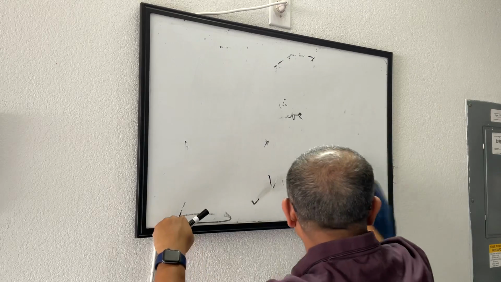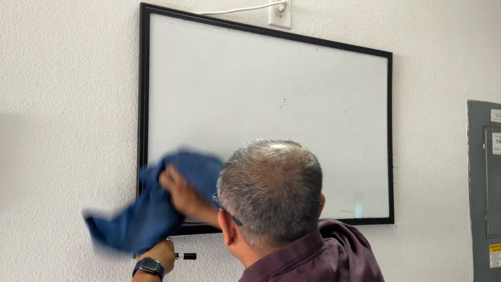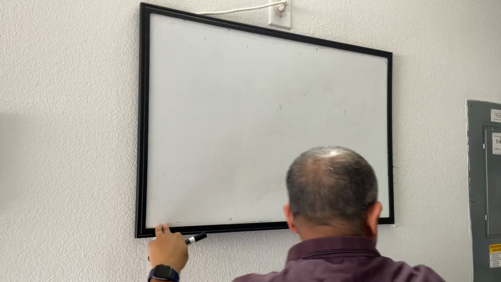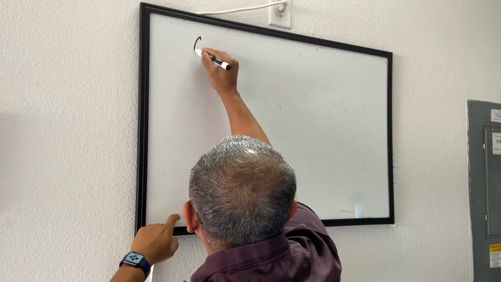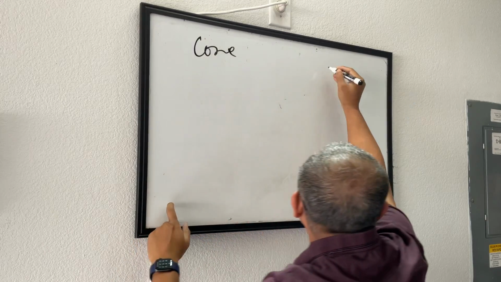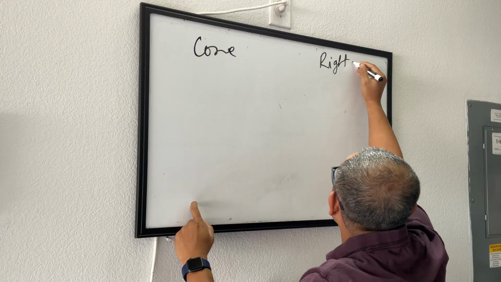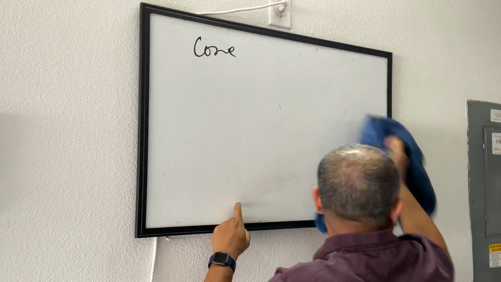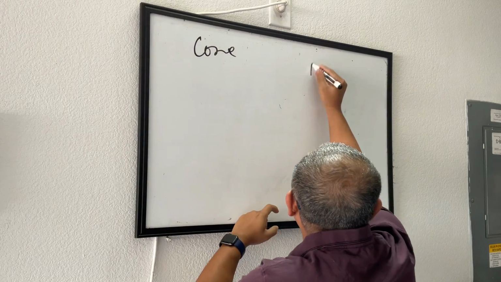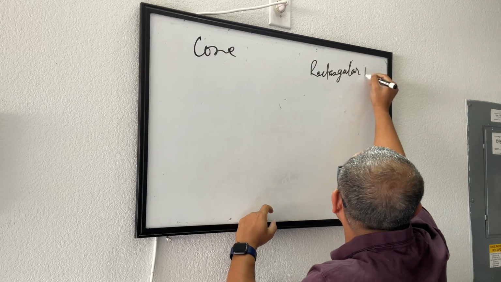And I will try my best with my worst drawing skills to make you understand this. So let's look at two objects. One, I'm talking about a cone, and then I'm talking about a rectangular pyramid.